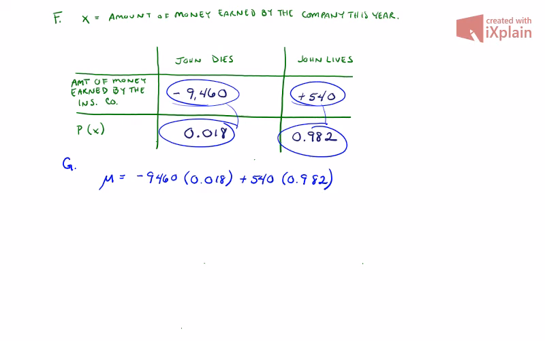If we were to go ahead and calculate this, we would get the following. So negative 9,460 times 0.018 is equal to negative 170.28. And we're going to add that to the product of 540 times 0.982, which gives us a positive 530.28.